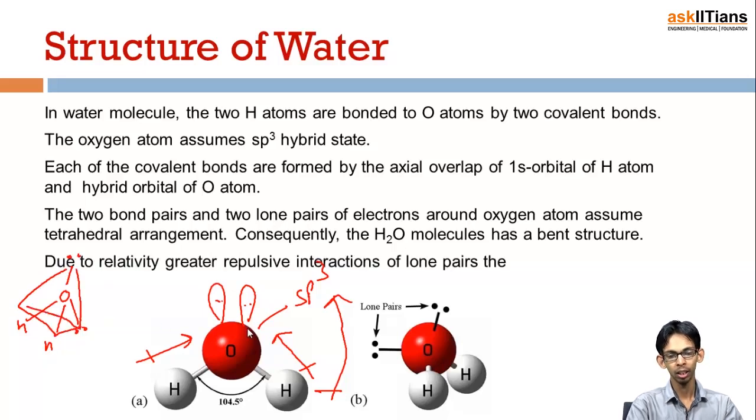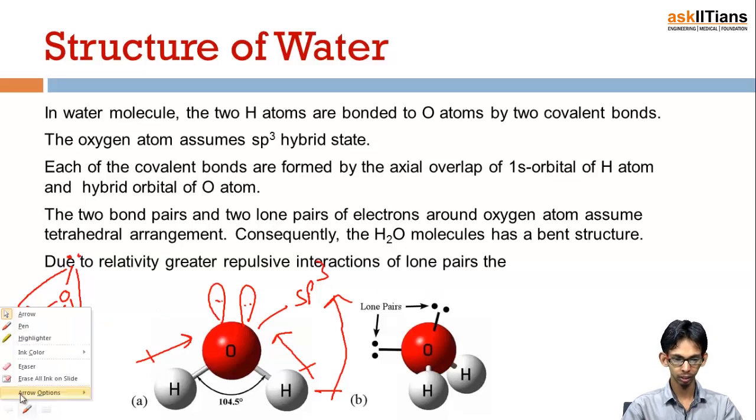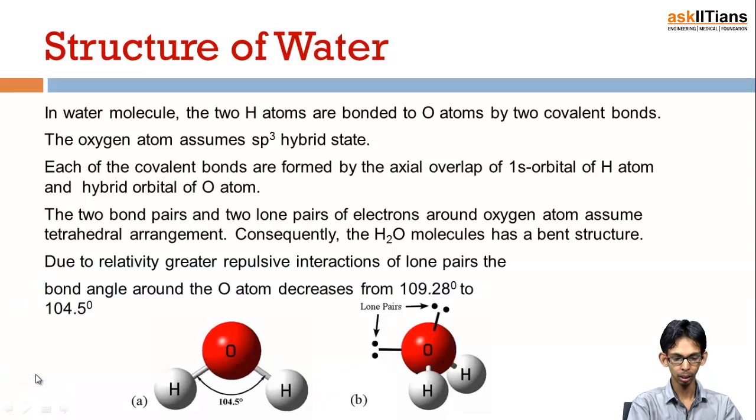Okay. Now due to relatively greater repulsion interaction of the lone pairs, erase all the things first. The bond angle is not 109 but 104. If it is a tetrahedral structure, then the bond angle must be 109, which is obvious for a tetrahedral structure. But because there are 2 lone pairs, okay, let me draw it once again.